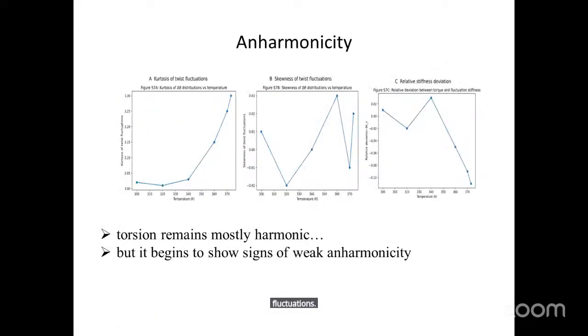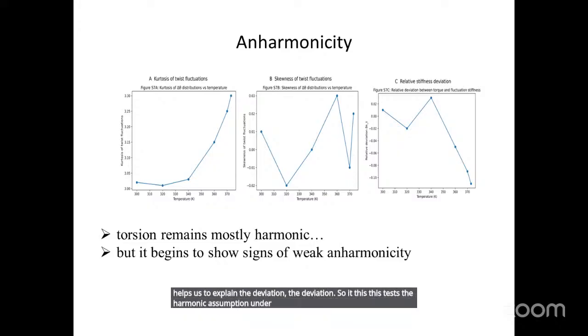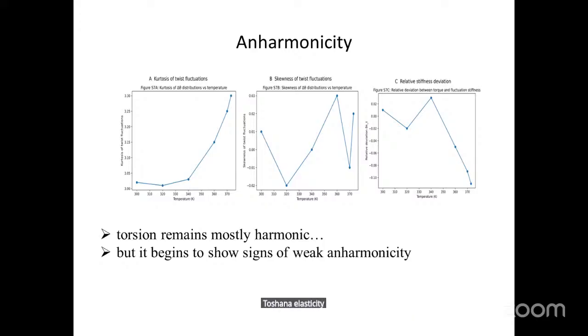So this figure helps us to explain the deviation. This tests the harmonic assumption underlying the torsional elasticity. So we see that at low temperature, everything behaves as expected. That's the Gaussian fluctuations, quadratic free energy.